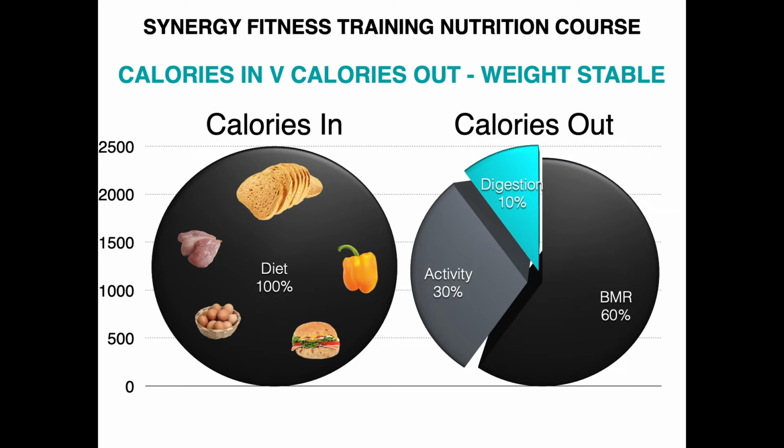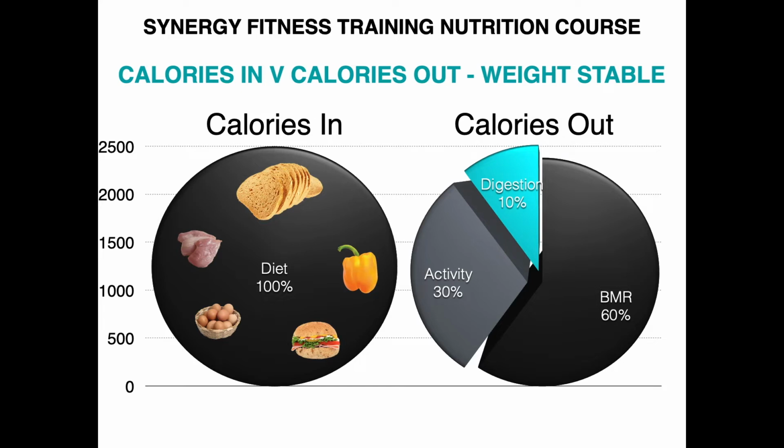Now, as you can see here, there are three components to my calories out circle: BMR, activity, and digestion. The larger part of the circle is my BMR. For those of you unfamiliar with what BMR is, it's short for basal metabolic rate. This represents the amount of calories we burn on a daily basis if we were to just lay in bed all day and night and didn't even lift a finger.